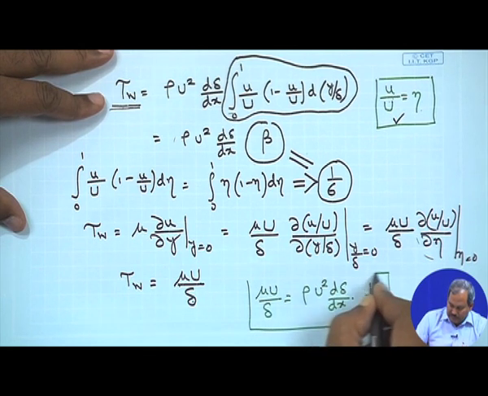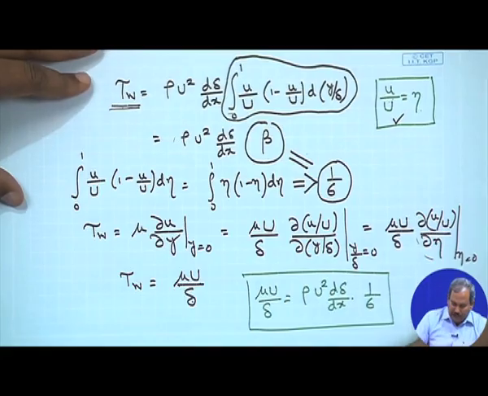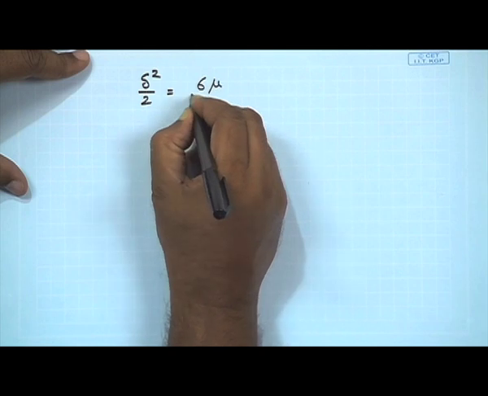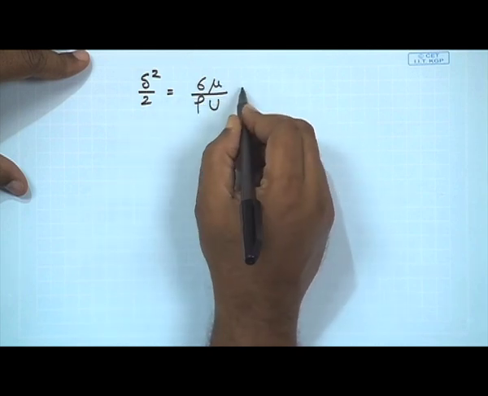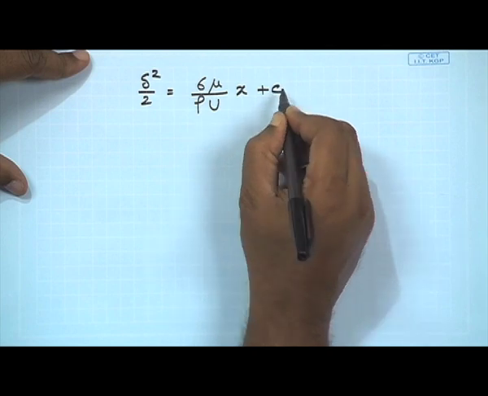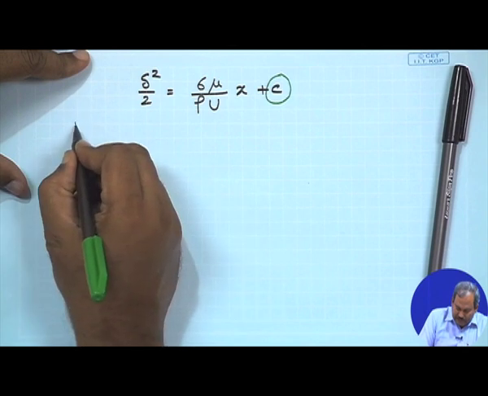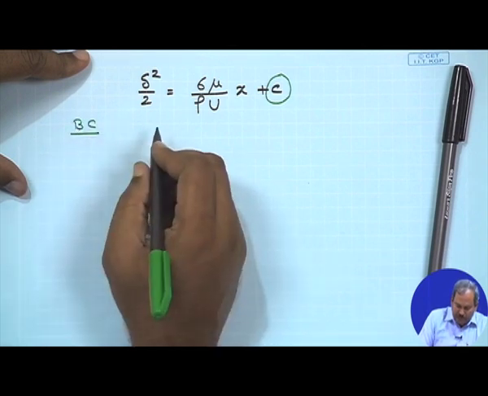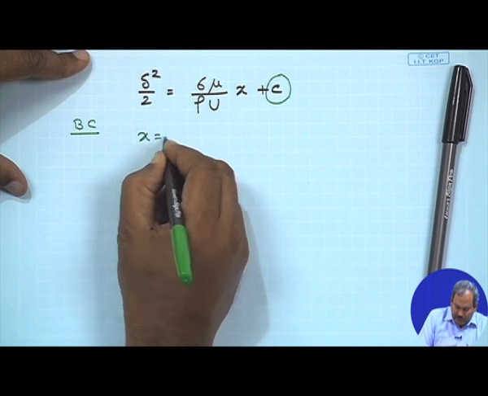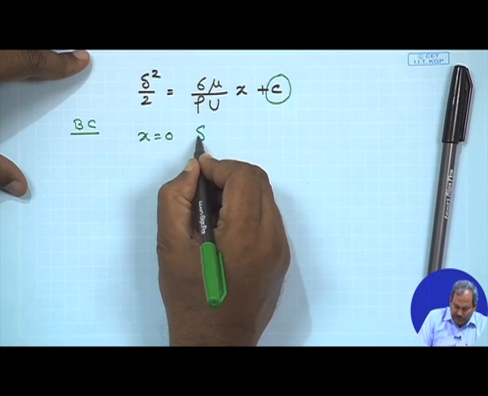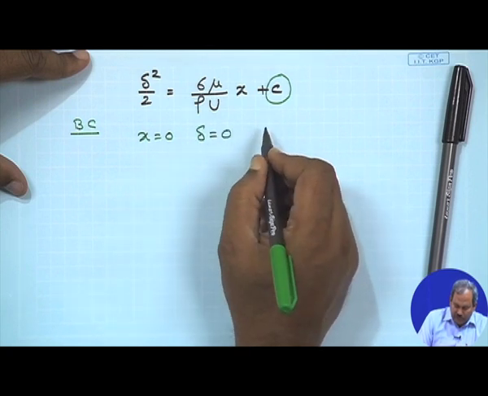This equation can now be integrated, and once you integrate it, you would get delta square by 2 equals 6 mu by rho times capital U times x plus c, where c is the constant of integration. c can be evaluated through the boundary condition that at x equals 0, that means at the start of the plate, delta, the thickness of the boundary layer, must be equal to 0.